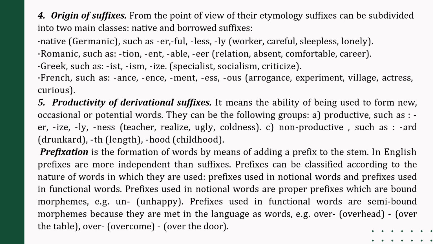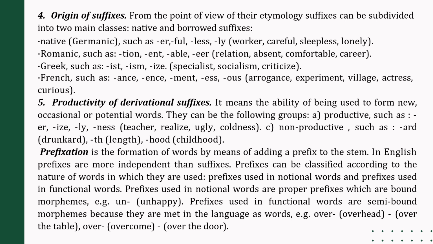From the point of view of their etymology, suffixes can be subdivided into two main classes: native and borrowed suffixes. Native Germanic suffixes, Romanic, Greek, or French suffixes. Productivity of derivational suffixes. It means the ability of being used to form new, occasional, or potential words. They can be the following groups: productive or non-productive.